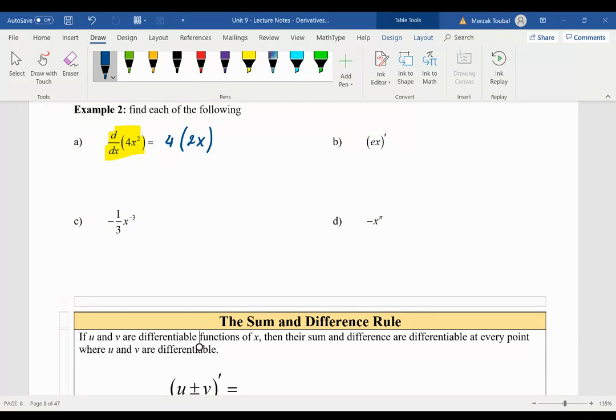It's going to be 2x, and then you simplify, which is going to be 8x. Derivative of e times x. E is a constant. We should not forget that. So it's e times derivative of x, and e still is a constant. Derivative of x is 1, which is e.